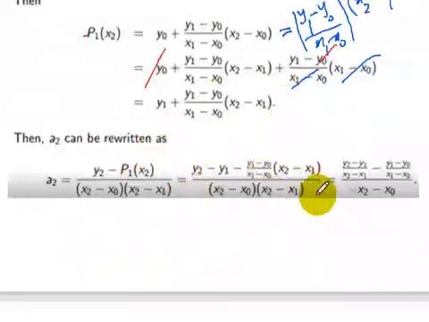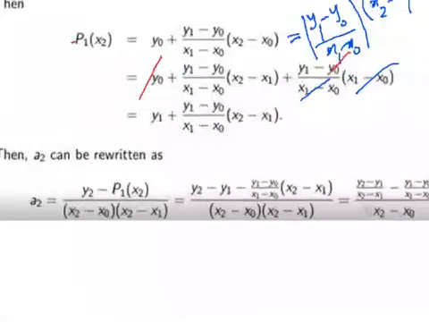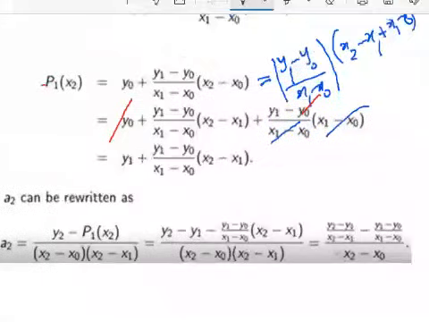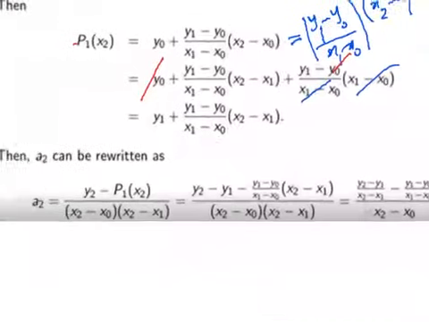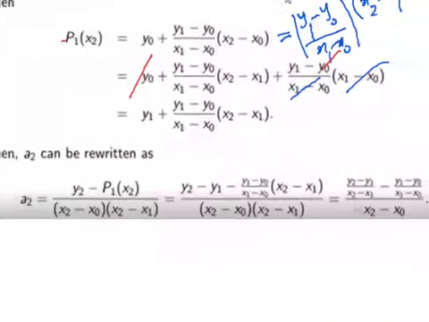With a small algebraic manipulation, a sub 1 is equal to this: y2 minus y1 divided by x2 minus x1, minus y1 minus y0 divided by x1 minus x0, with everything divided by x2 minus x0.